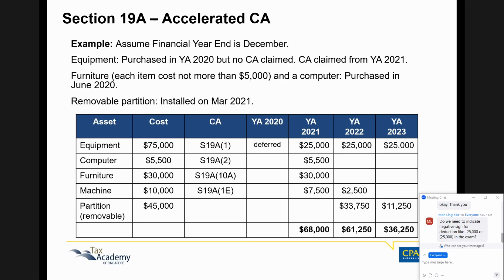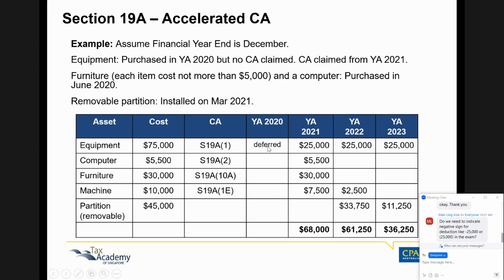Okay, so if I look at the table, equipment cost $75,000. Although I bought it in YA 2021, I'm going to defer it. Then I claim over 3 years. So in this case, I cannot claim the 2 years, right? Because the 2 years only applies for expenditure incurred in YA 2021 and YA 2022.